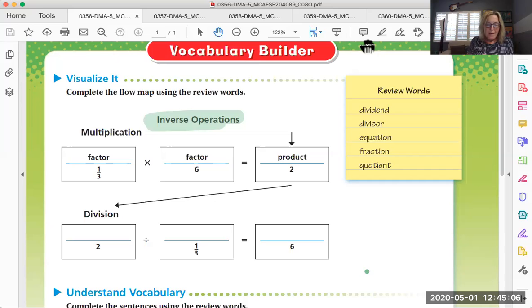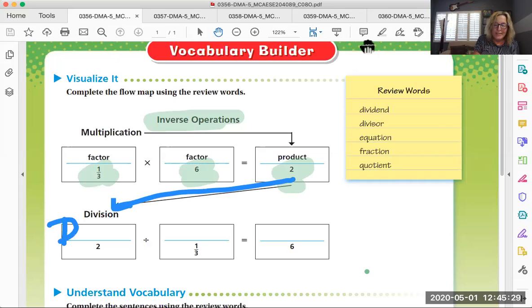So if we had a factor of 1/3 and a factor of 6, the product would be 2 because 1/3 of 6 is 2. If that were a division problem, what do we call the product as it moves into the division problem? Well, this would be called the divisor. No, it wouldn't, it would be called the dividend. Sorry about that. The dividend is the number that was the product.